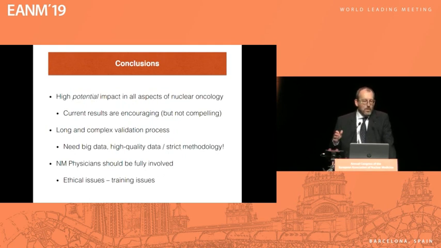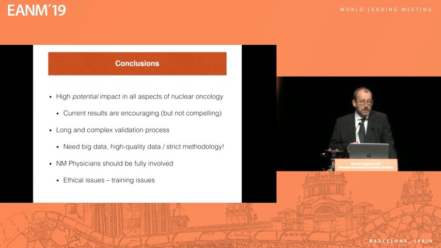So as a conclusion, I think I've shown that there is potentially a very high impact in all aspects of nuclear oncology, aspects that we know and possibly others. The current results are very encouraging in my opinion, but they are not really compelling at this time.